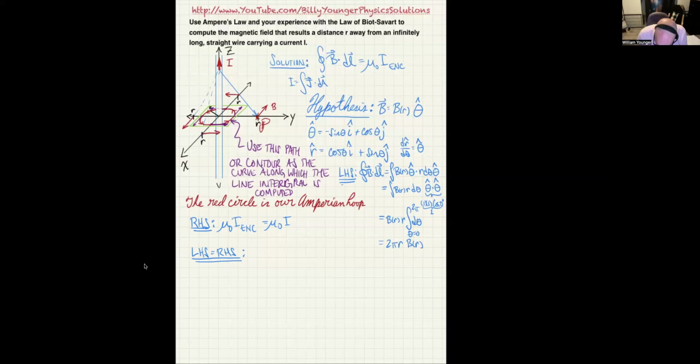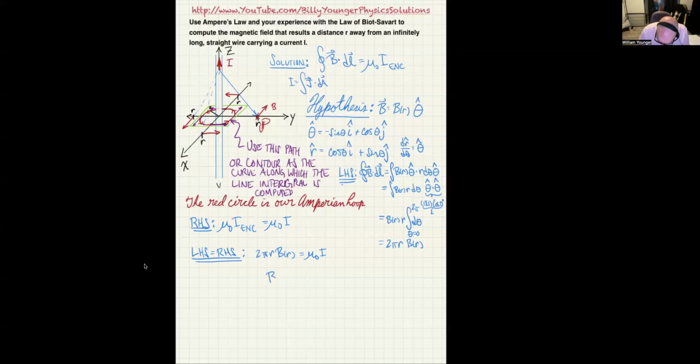So I'm going to say 2 pi r times B of r is equal to mu 0 times I, and therefore you can go ahead and solve for B of r, and you'll get B of r is equal to mu 0 I over 2 pi r.